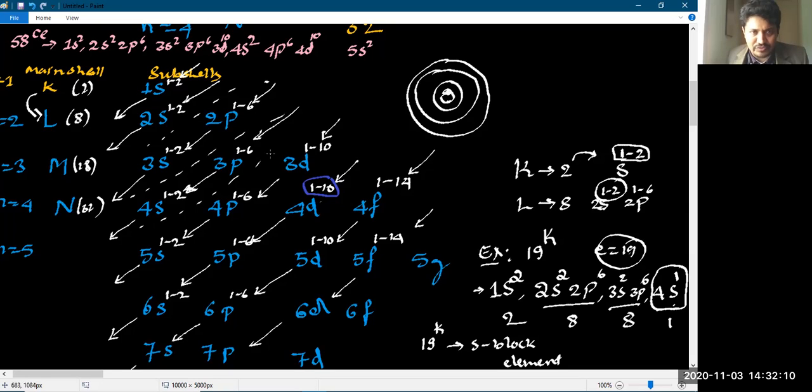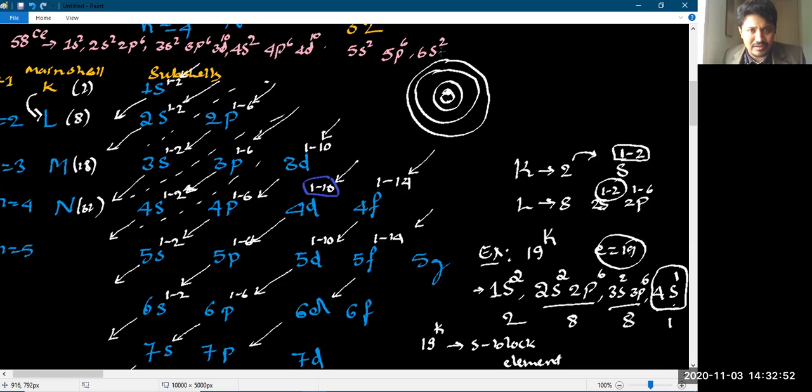After 4d it goes to 5p, so after 5s I can write 5p6. Now count the number of electrons: 2 plus 2, 10, 18, 28, 30, 40, 46, 48. After 5p it goes to 6s, 6s2.